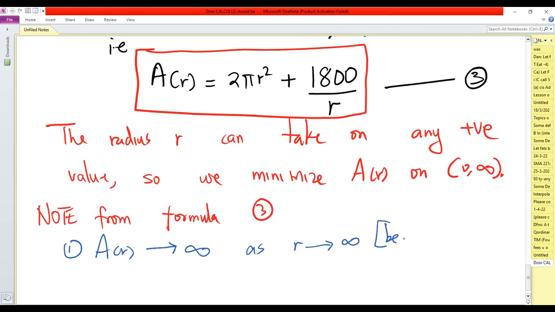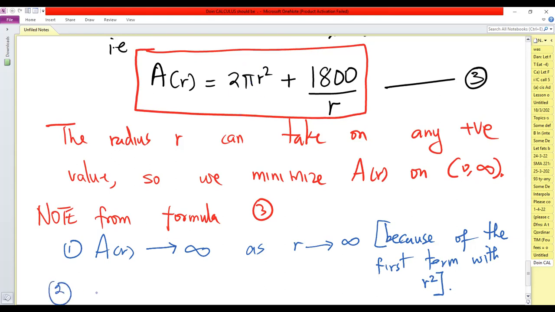This is because of the first term: when you make the radius a very large number, the first term also blows up, because we are squaring the value of r. So area becomes a very large quantity.